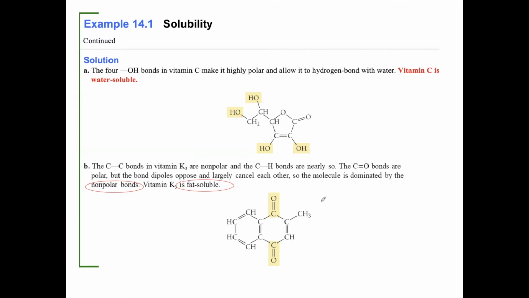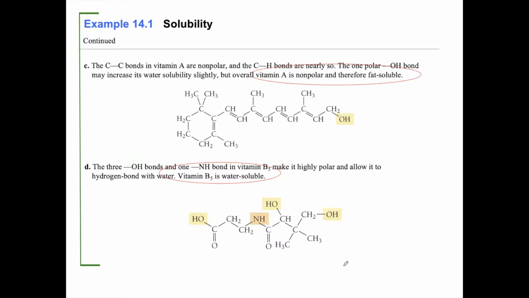However, like I said, they're opposite each other and most likely cancel each other out. So therefore, this molecule does not have a large net dipole and is not considered a polar molecule. Therefore, because it's nonpolar, it's soluble in another nonpolar substance, which in this case would be fat. So vitamin K3 is fat soluble.